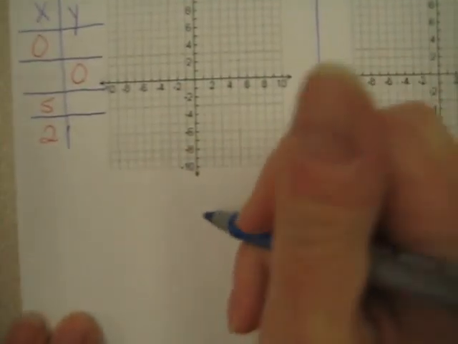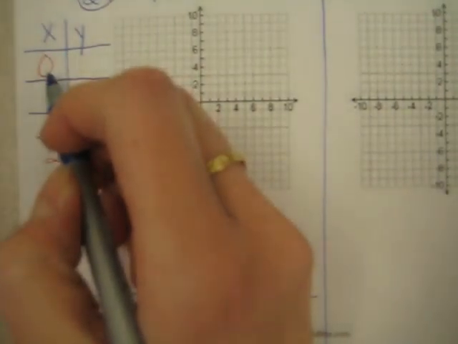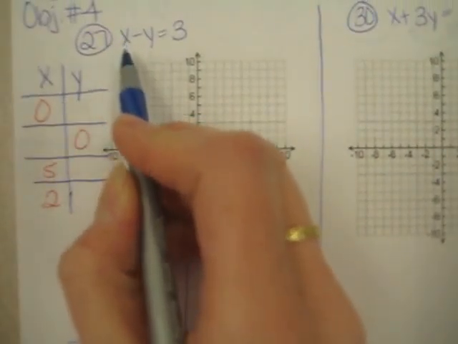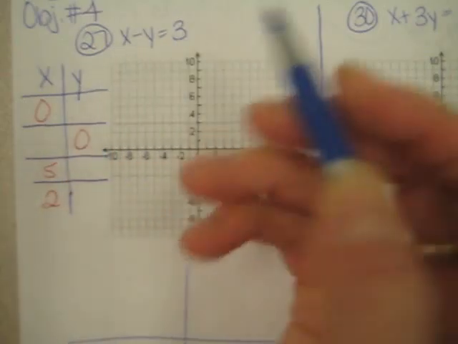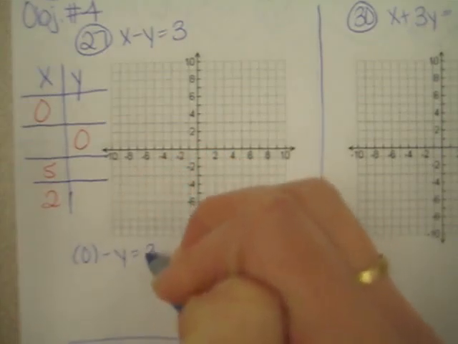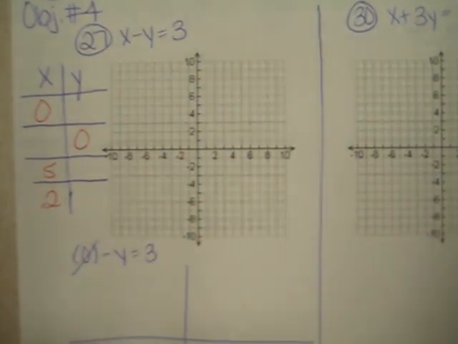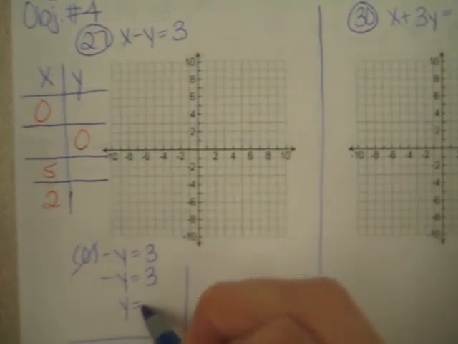All right, so down here, I'm going to plug each number in, and then you would have to show this work. First I have x equals 0. So in my equation for 27, x minus y equals 3, I'm going to plug in x equals 0. That just means I drop the 0. I have now negative y equals 3, which means y equals negative 3.